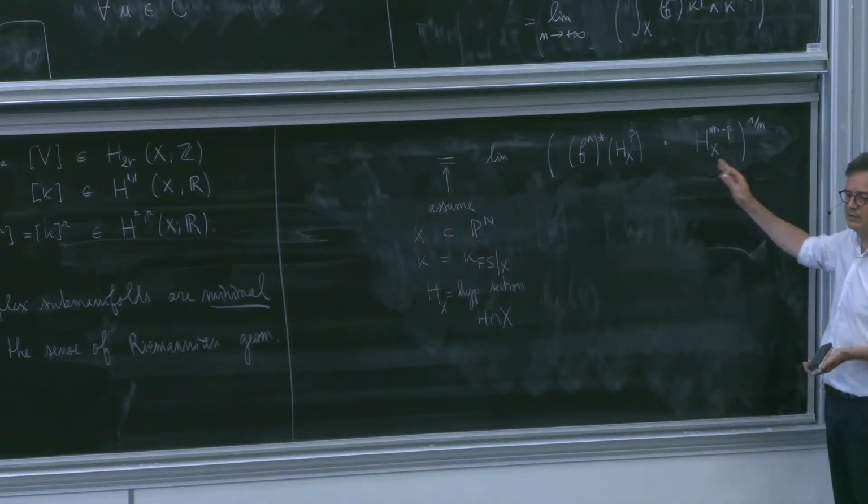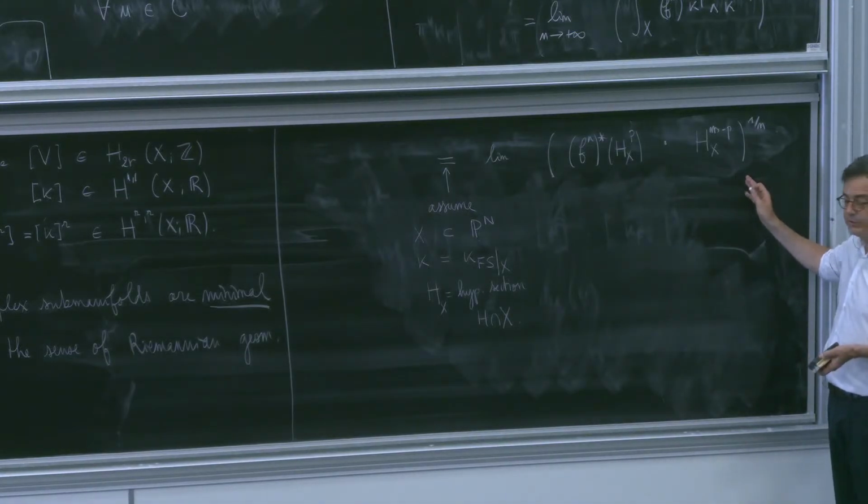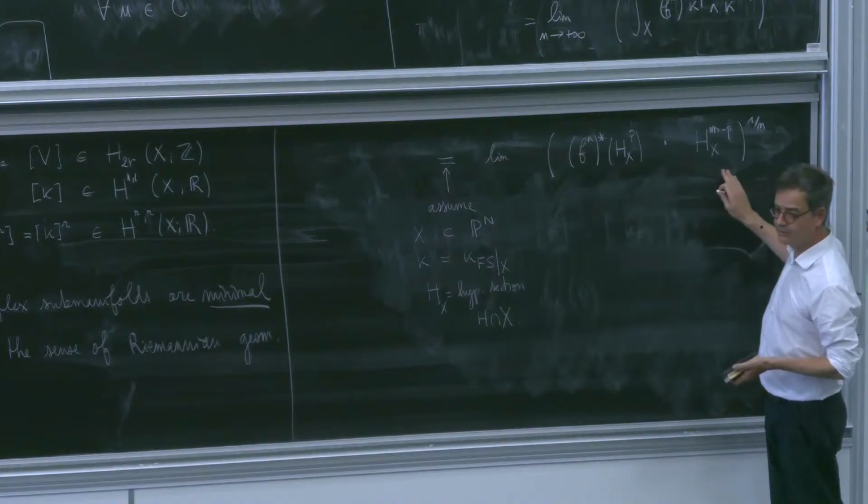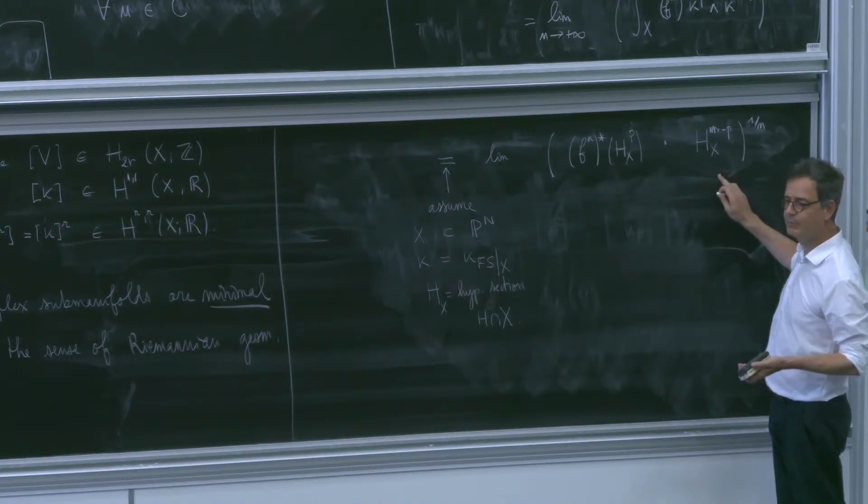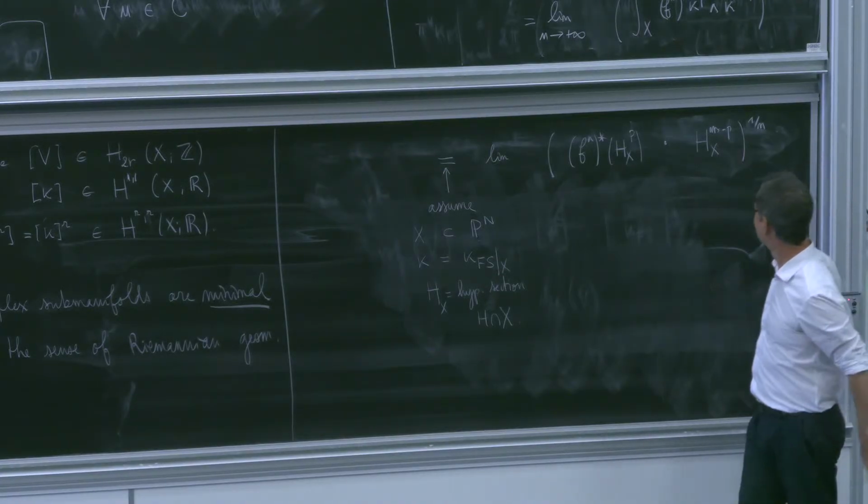So this is exactly the type of intersection using only divisors that Charles was using. Do you have a question, Michel? That's okay.